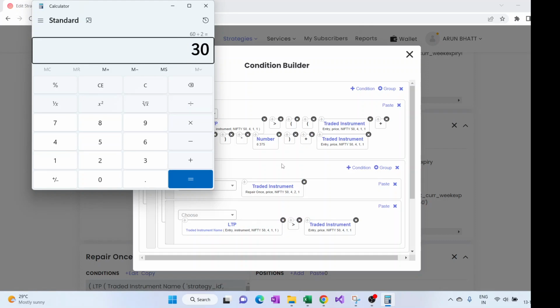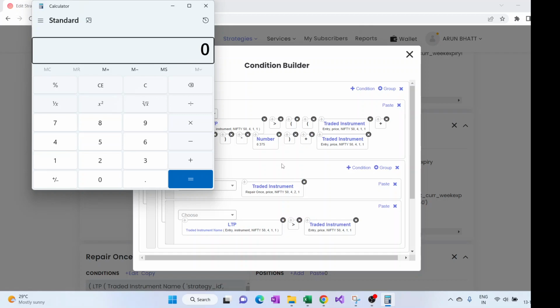Now on both sides, the stop loss will hit if they go beyond 30 points. So if the option which has a price of 50 at entry becomes 80, it will hit. And at the same time, the option which had 30 can go up by 30 more points, so it will be hit when it reaches 60.